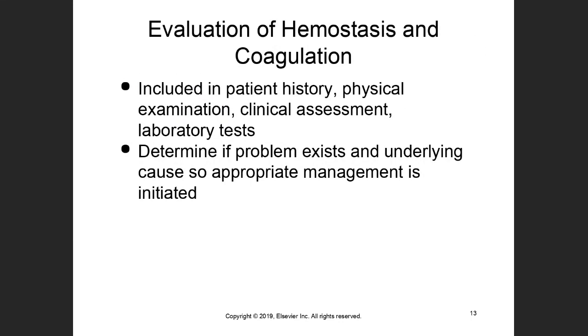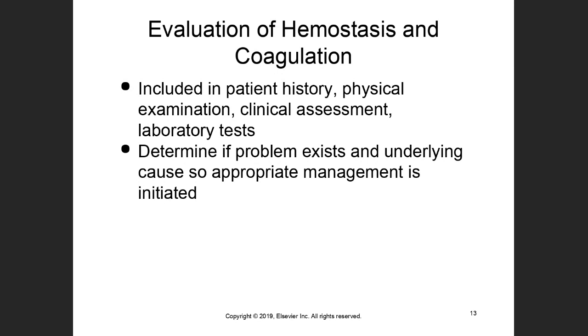Evaluation of hemostasis and coagulation includes patient history, physical examination, clinical assessment, and laboratory tests. You always have to do physical examination and lab tests, because you have to make sure. The three most important tests are PT, PTT, and bleeding time.